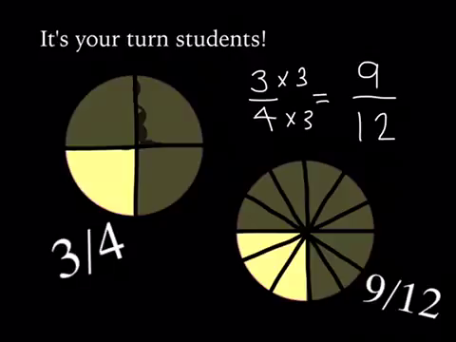In my second circle, I see that 1, 2, 3, 4, 5, 6, 7, 8, 9 pieces out of 12 are shaded, and each of these have the same amount left in the end. If you did not use 3 to multiply by your denominator and numerator, as long as you still have this much area left for 3/4 of your circle, then you did it right.